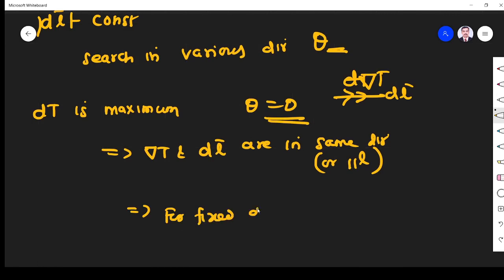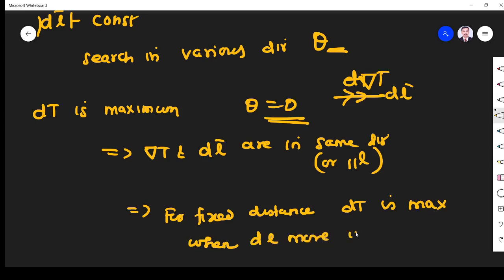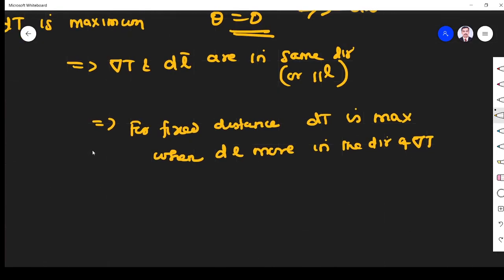For displacement or fixed distance, dT, the change in temperature, is maximum when dl moves in the direction of del T. Move in the direction of del T means dl is along the direction of del T. That means del T gives the maximum change in temperature, because it is del T. For some other quantity, it gives the maximum change in that other physical quantity.